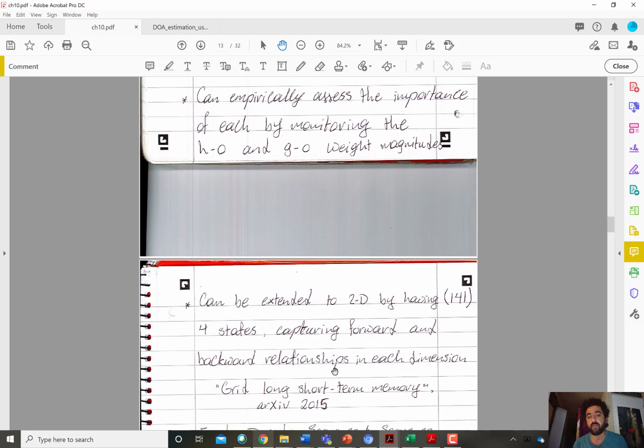Like the handwritten recognition example we mentioned, this would be a 2D case with four states. For an example like that, check the paper called Grid Long Short-Term Memory, and you might even understand it more after we discuss long short-term memory cells.